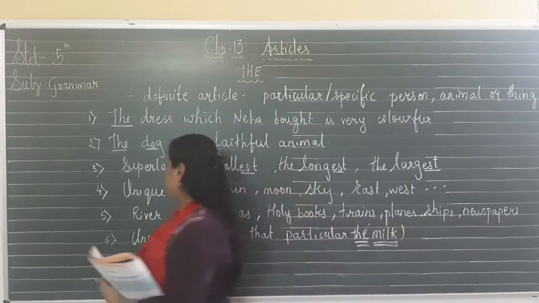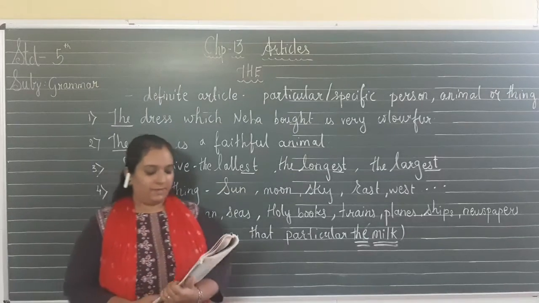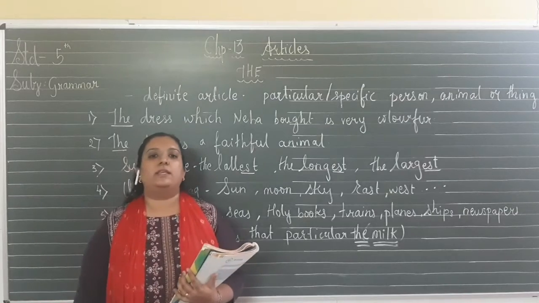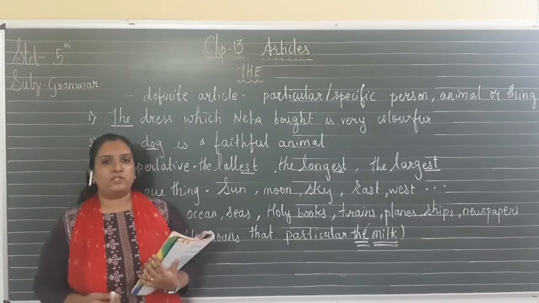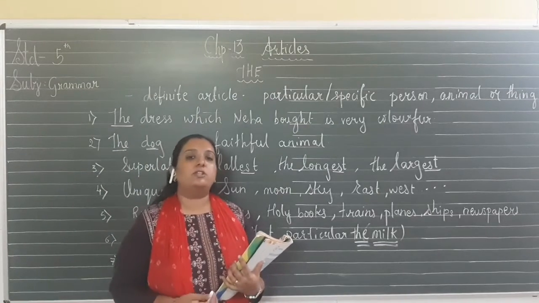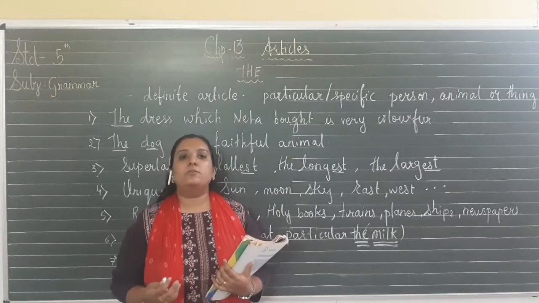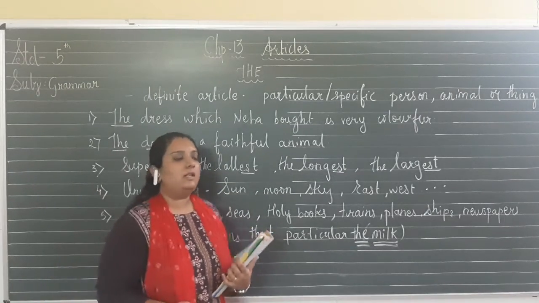The next rule is 7. What does it say? Before the names of people of various countries. Now, the people living in France are called French people, people living in China are called Chinese people, people living in Italy are called Italian people. So, before the names of people of various countries, there we can use article the.